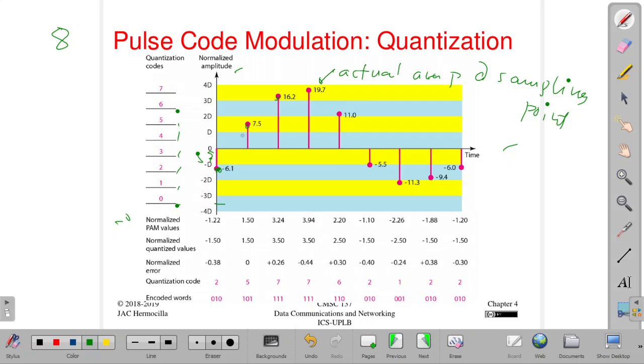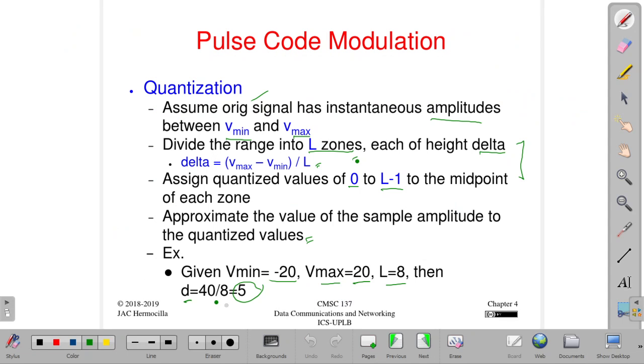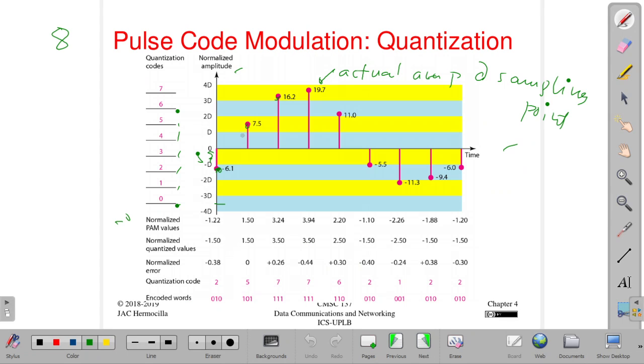So remember that, okay, our delta is 5. So we're actually trying to map that here. So we have these normalized values, okay, and then we have here the second row, the normalized quantized value.